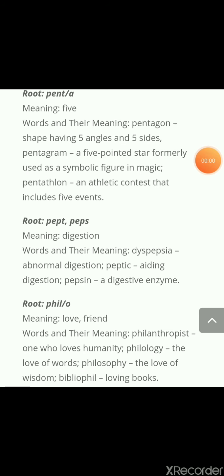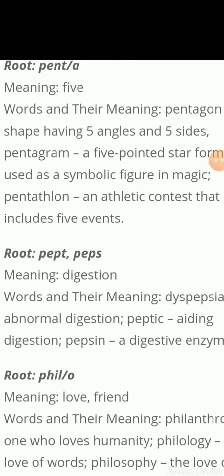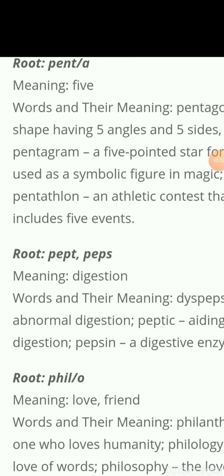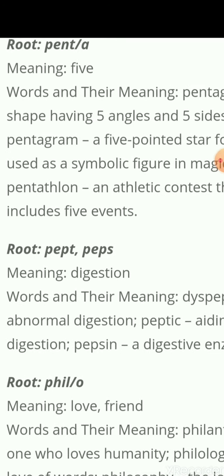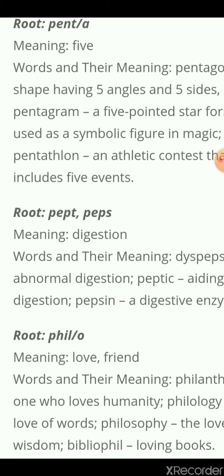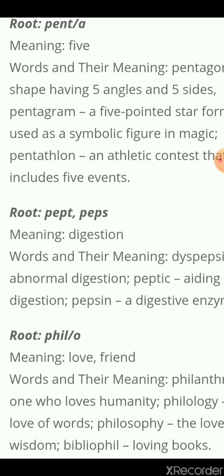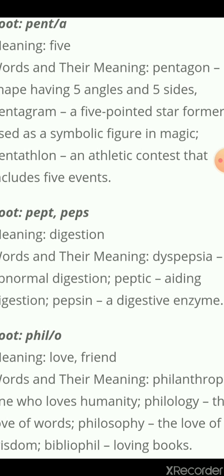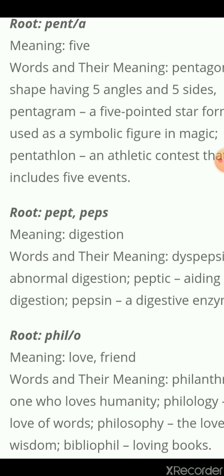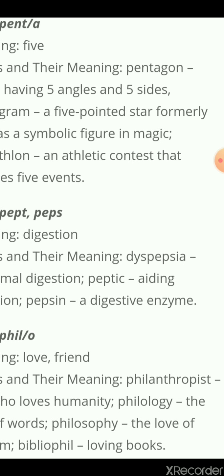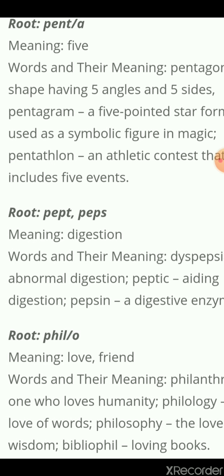In the advanced series of the roots, we have PENT. PENT means 5. It can be penta, it can be pent. So words and their meaning: pentagon, a shape having 5 angles and 5 sides; pentagram, a 5-pointed star formerly used as a symbolic figure in magic; pentathlon, an athletic contest that includes 5 events.